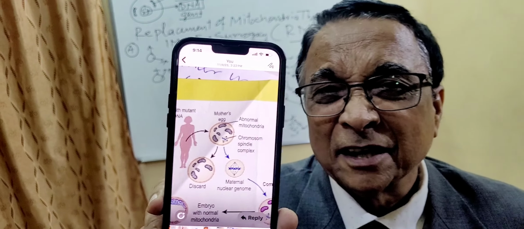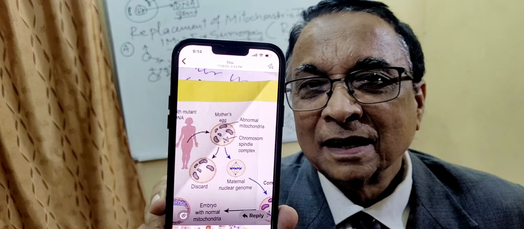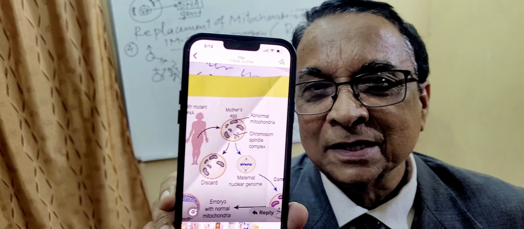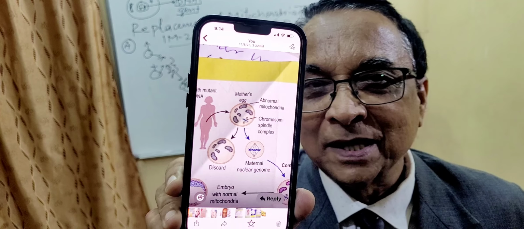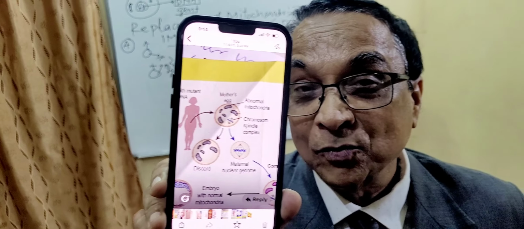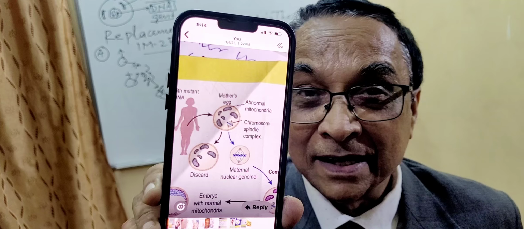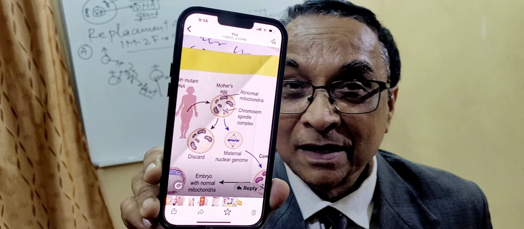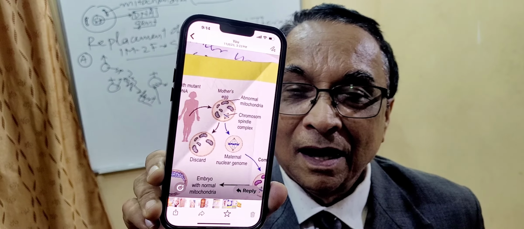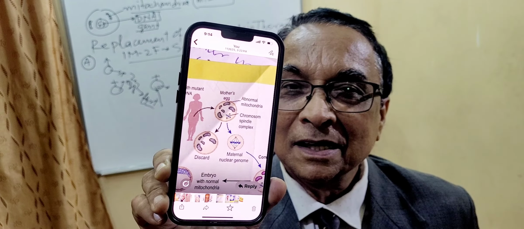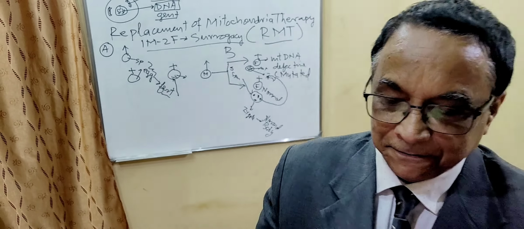So you can see here that the one lady is having bad mitochondria, meaning the DNA is mutated, mutation has taken place in that mitochondria. So what people did in New York is they removed all the bad mitochondria from there, and they got only the pure chromosome, that is genetic material from the nucleus.